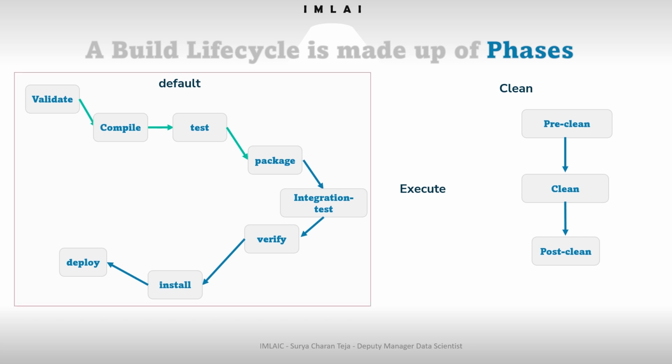Then the final step for us, once install is done, is deploy. Deploy is done in the build environment. It copies the final package to the remote repository for sharing with other developers and projects.